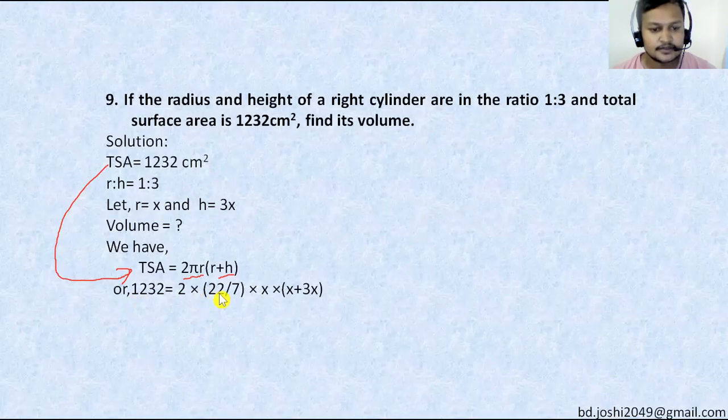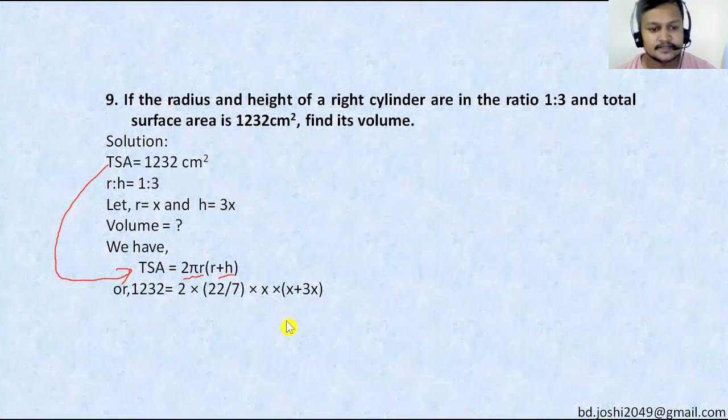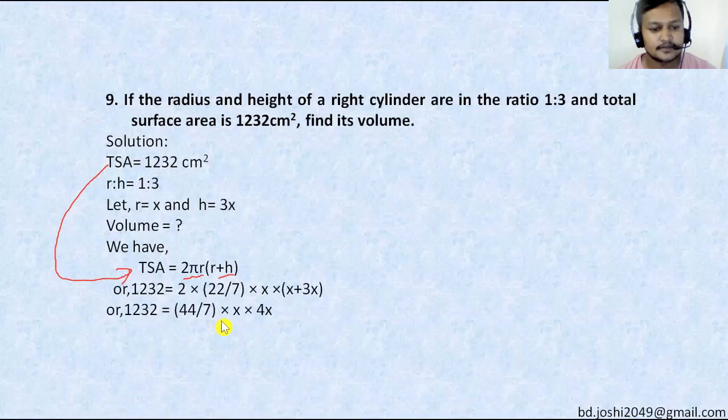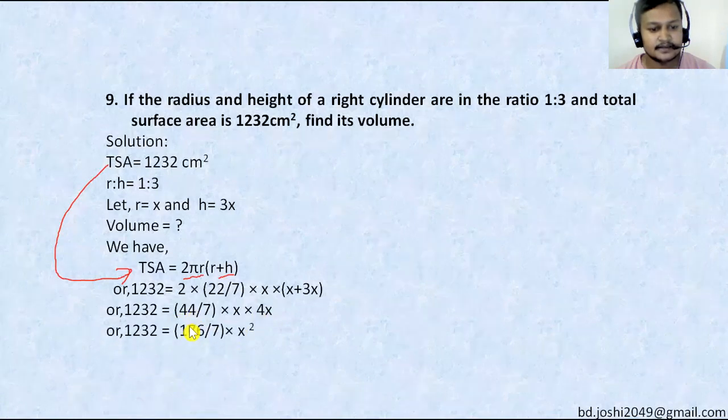Next, 2 into 22 is 44 divided by 7 into x plus 3x. What is the value of x plus 3x? 4x. So it is 44 by 7 into x into 4x, that is x square. 4 into 44 multiplied becomes 176, divided by 7 remains as it is. Take it to another side.